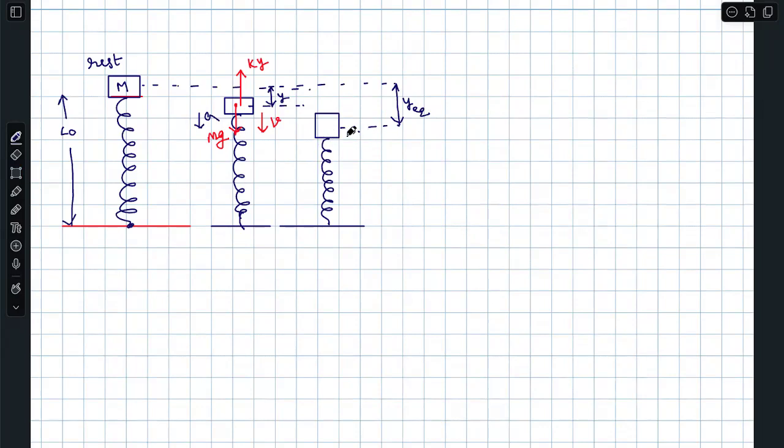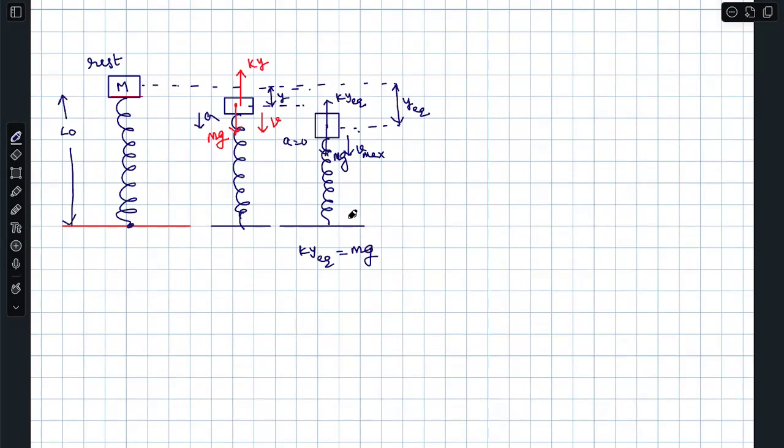At this stage, it will have maximum velocity. You know why maximum velocity? Acceleration is 0. You know why acceleration is 0? At this stage, ky equilibrium and mg remain the same.